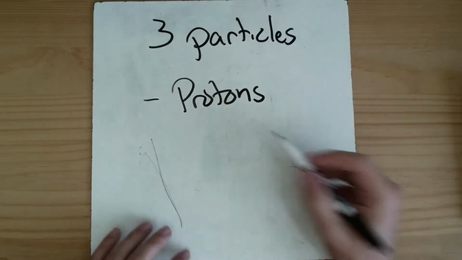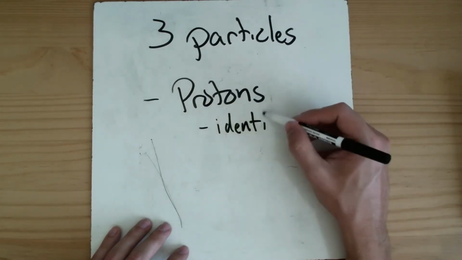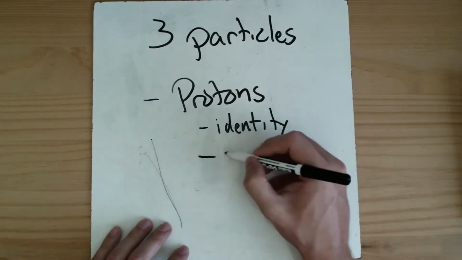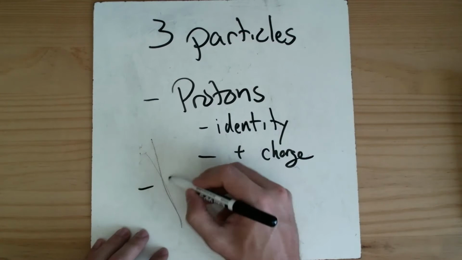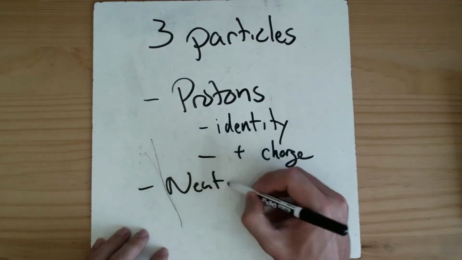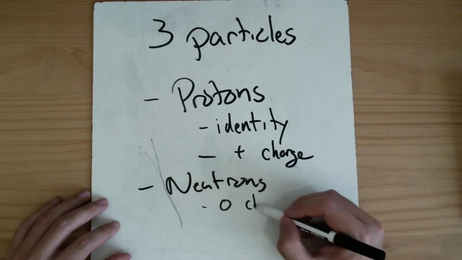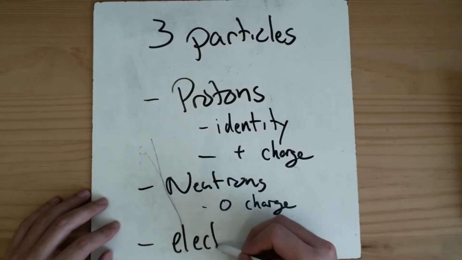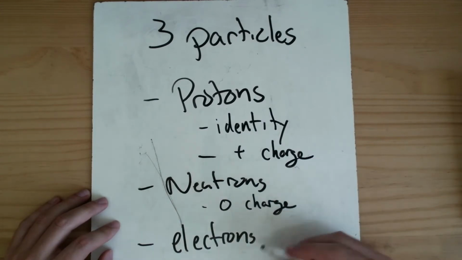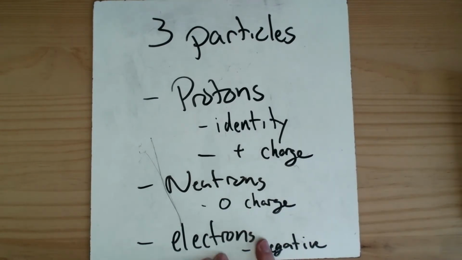Protons are positively charged, and they also are the thing that provides identity to the atom. We have neutrons, which for the most part just kind of hang out. They have 0 charge. And we have electrons, and electrons have a negative charge.